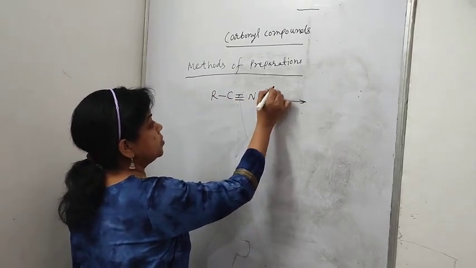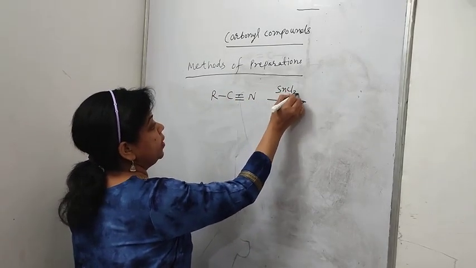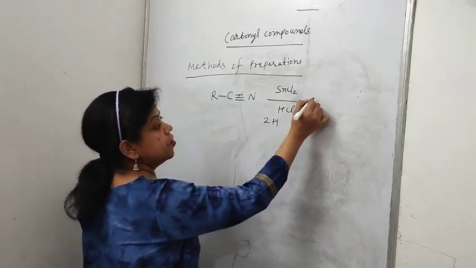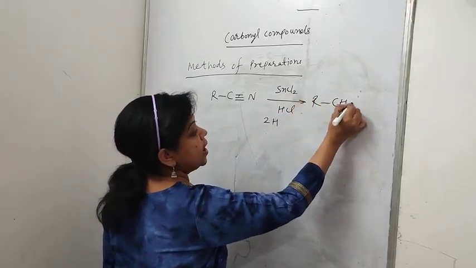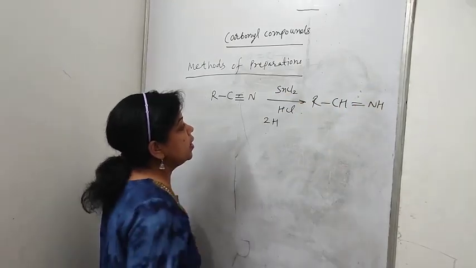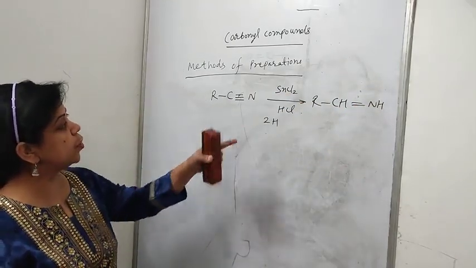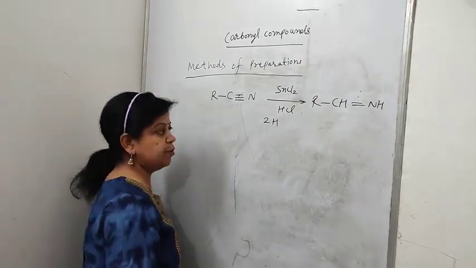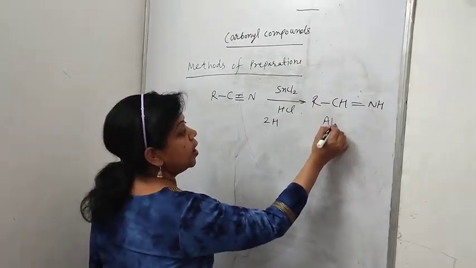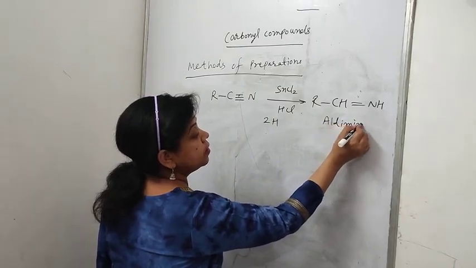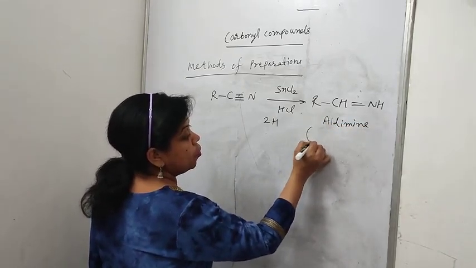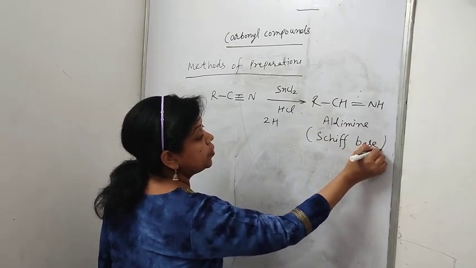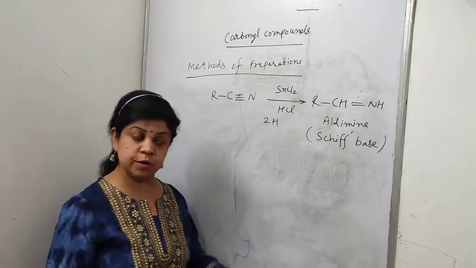When we use tin chloride in combination with HCl, what will happen? First of all, it forms an imine. Catalytic hydrogenation we are going to perform here in presence of tin chloride as well as hydrochloric acid. It forms an imine intermediate, also known as Schiff base, a very important intermediate in organic chemistry.